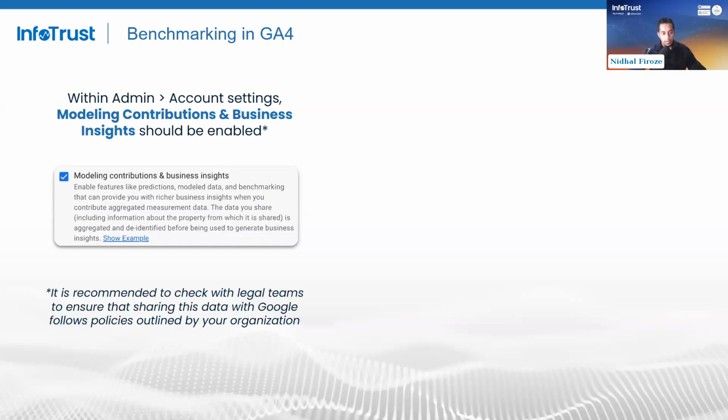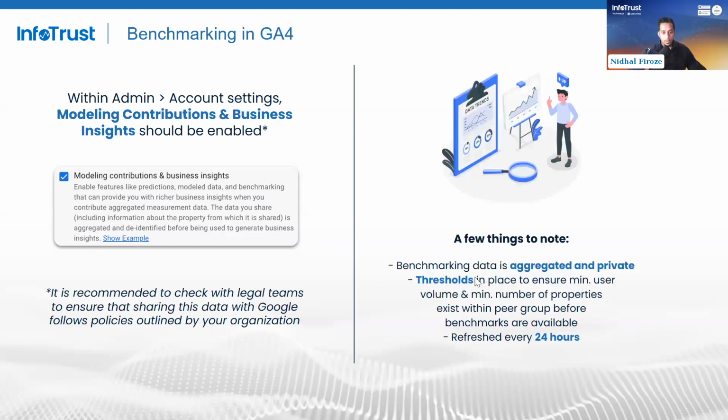So we would recommend taking the necessary caution before enabling this checkbox. But generally, we have observed that when you are creating a new account on Google Analytics, this checkbox is usually checked by default. So unless you have unchecked it, it is possible that option is already selected and benchmarking data is already available for you.